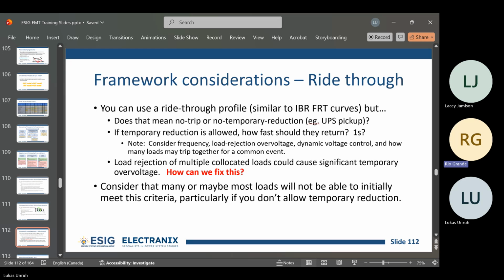Yeah, well, I guess it's similar to that, but even beyond ride-through requirements, I can think of other conditions where a load would drop offline suddenly for non-disturbance reasons, like market forces, right?